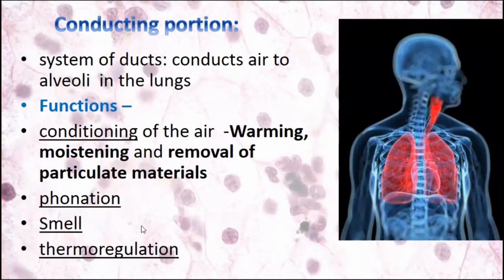It's a system of different ducts which conduct air to the alveoli in the lungs. What are the functions of the conducting portion? First of all, conduction of air, and also conditioning of the air, including warming, moistening, and removal of particulate materials, different dust particles, bacteria, and something else. All those are removed from the air, and clean, warmed, and moistened air gets to the alveoli.